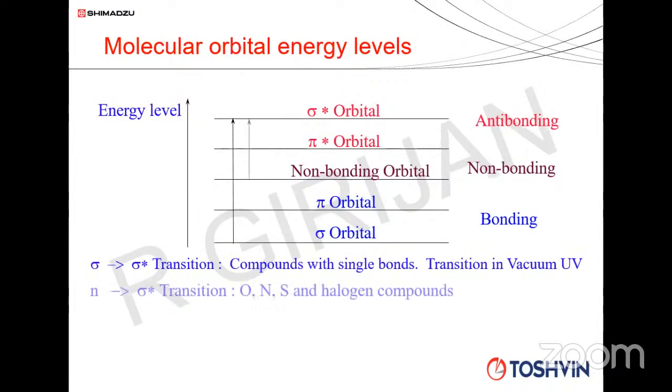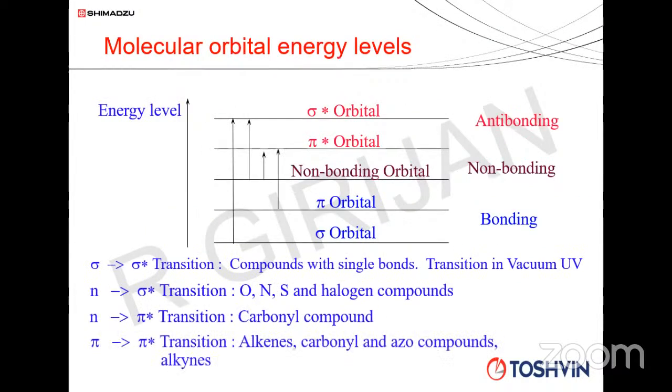So these are, again, the same things I told you: sigma to sigma star, pi to pi star, n to sigma star, and n to pi star. Different types of compounds will undergo these types of transitions.